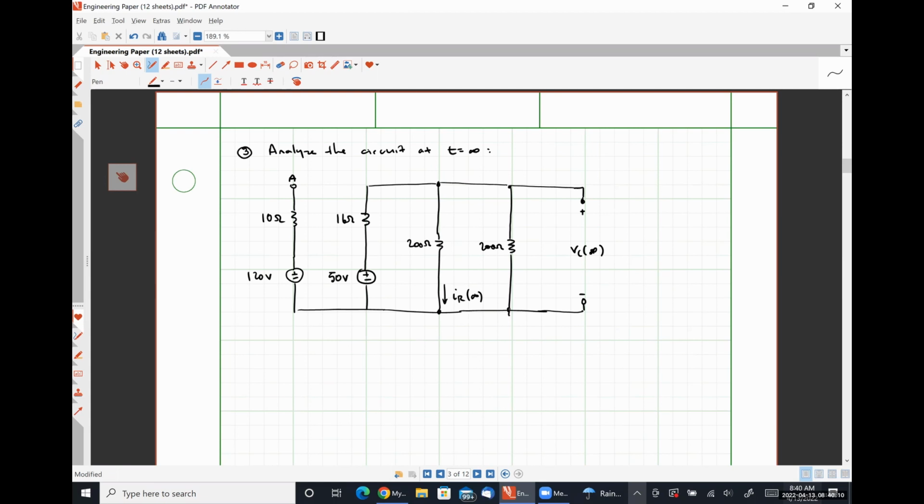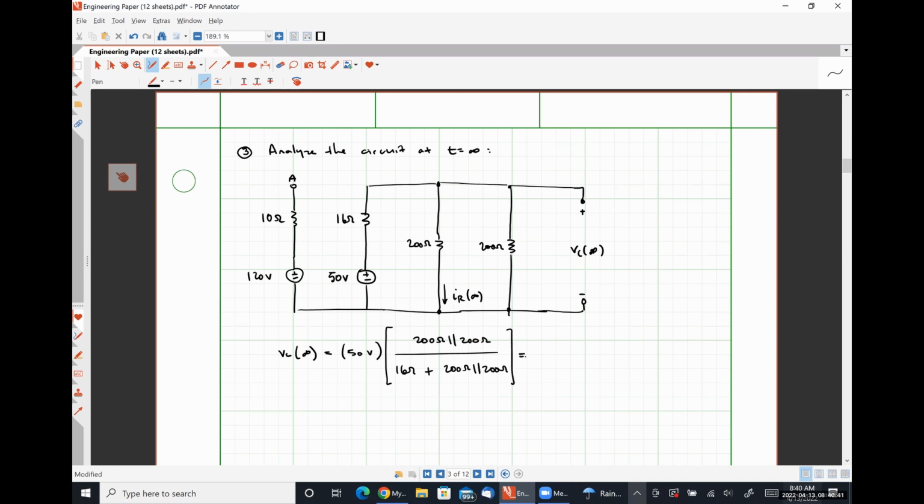So we could say, using voltage division, that VC of infinity is going to be 50 volts times 200 ohms in parallel with 200 ohms divided by 16 ohms plus 200 ohms in parallel with 200 ohms.